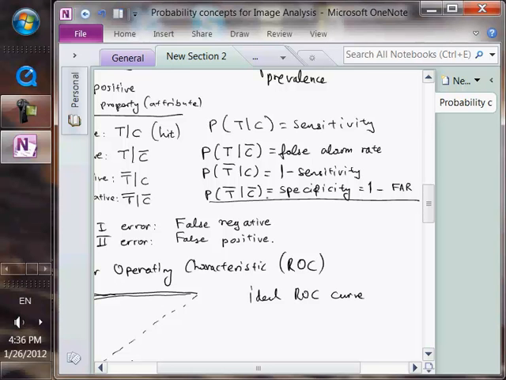Then there is a third one, which tells you the ability of the test to clear those who don't have the condition. Say, you're fine. And that's called specificity of the test.